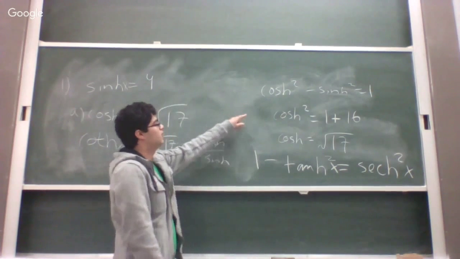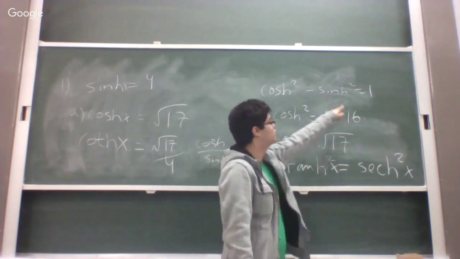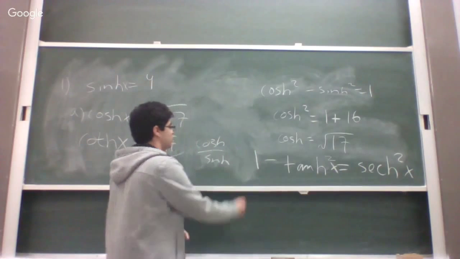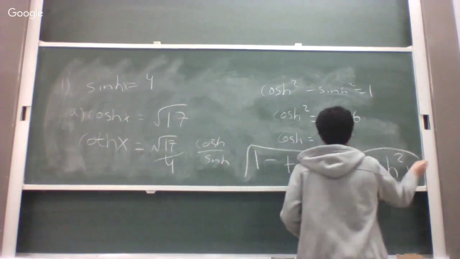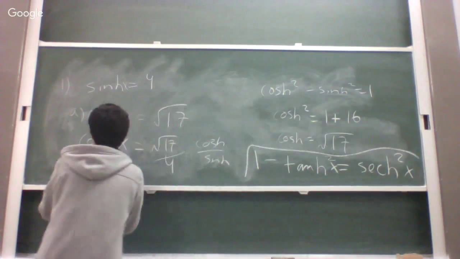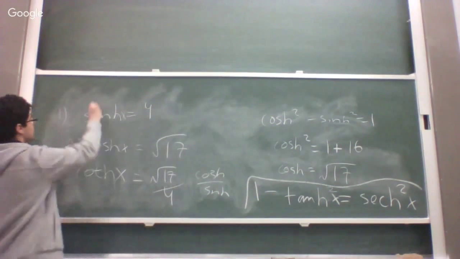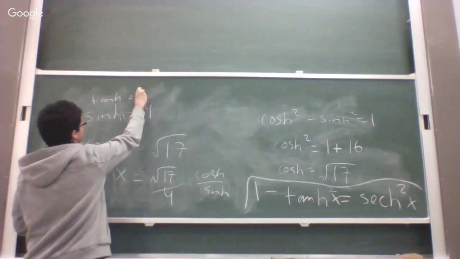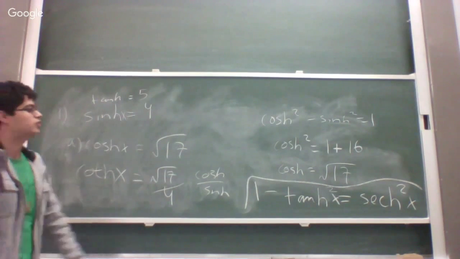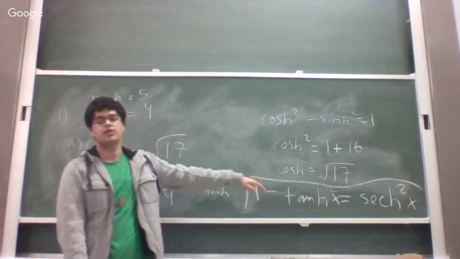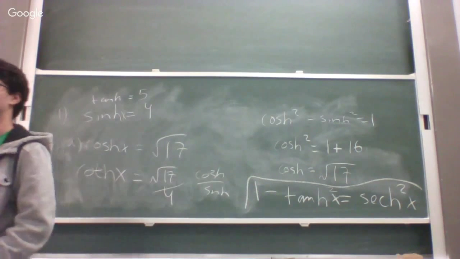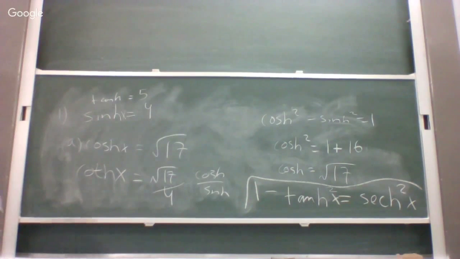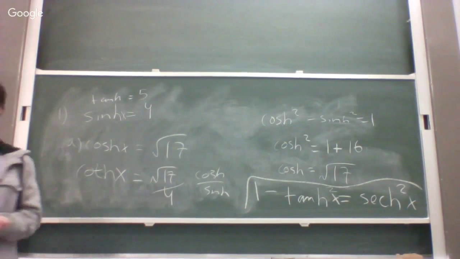So you divide everything by cosh, and then you get this identity. So if in a problem we're given the hyperbolic tangent of x equals, say, 5, you would use that to find sech, which is 1 over cosh. Did that all make sense? Yes?